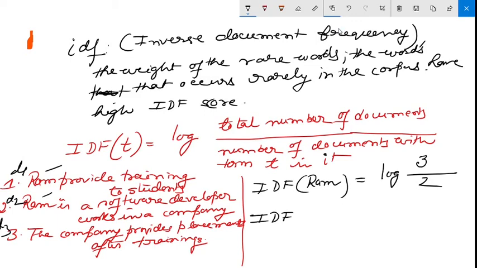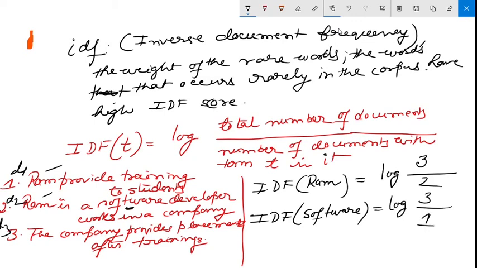Then IDF of software is log of the total number of documents, which is 3. How many times has software appeared? 1 only. So 3 by 1.